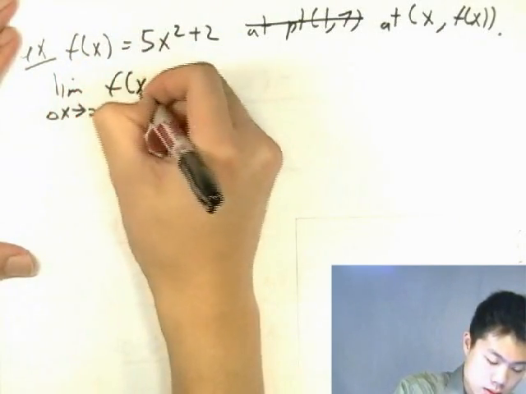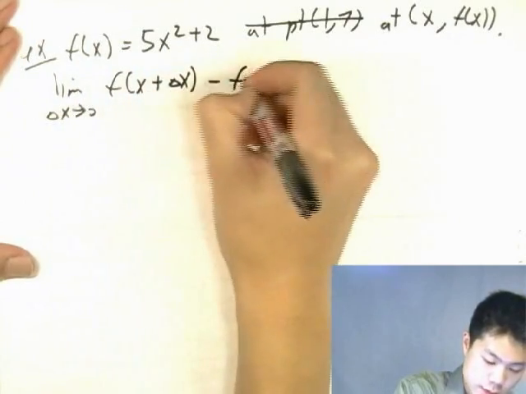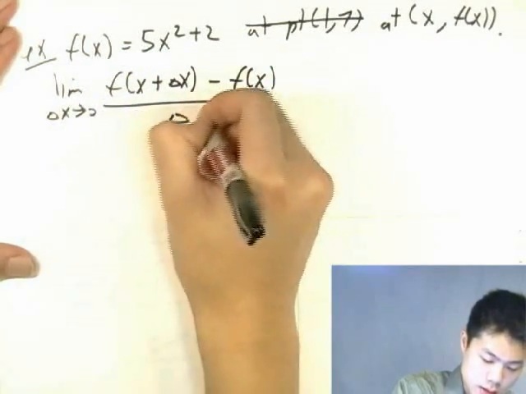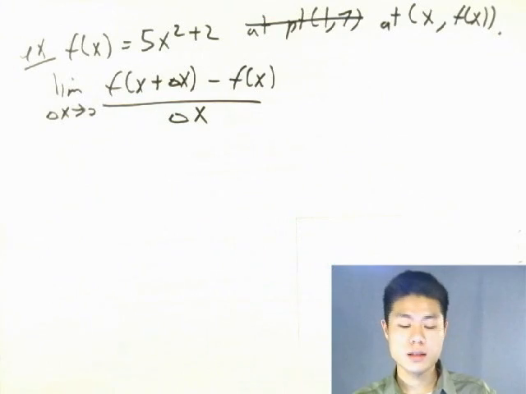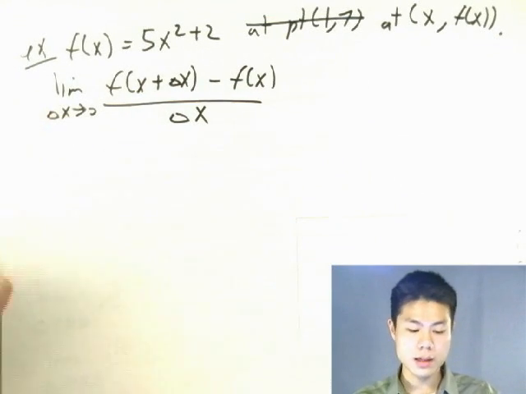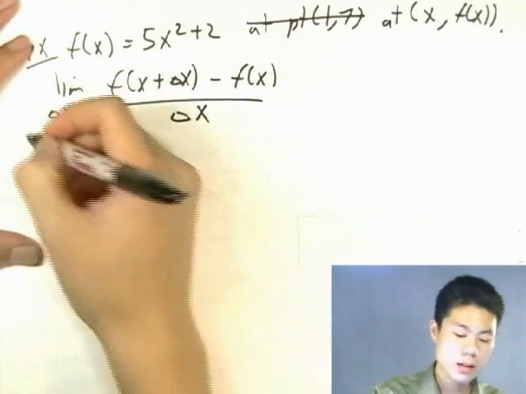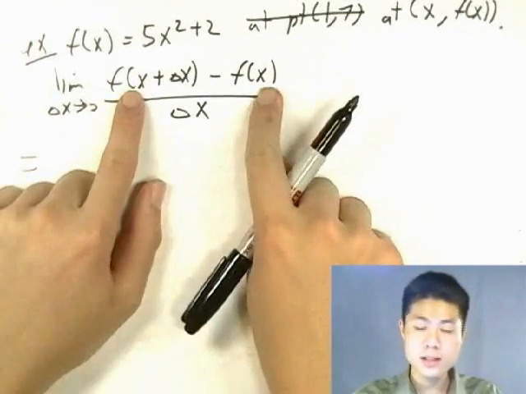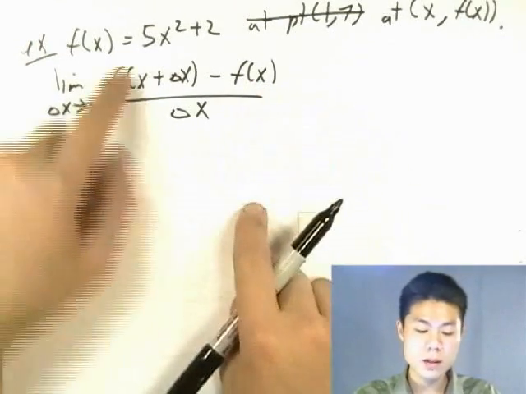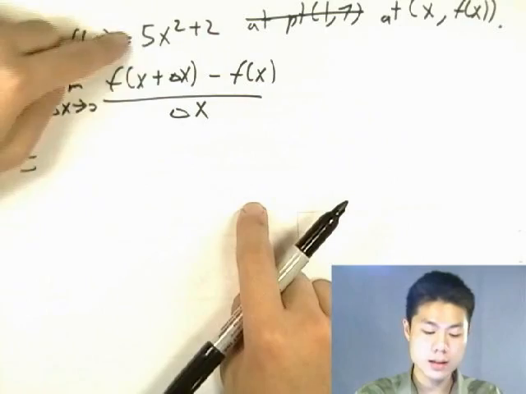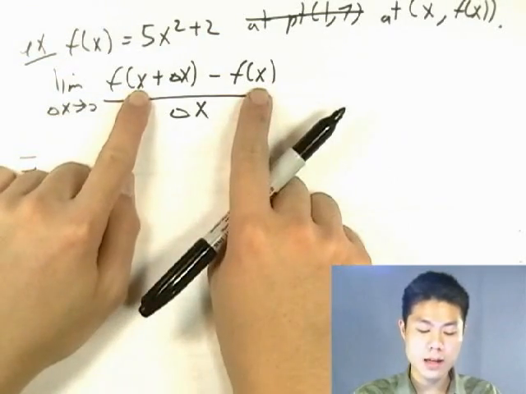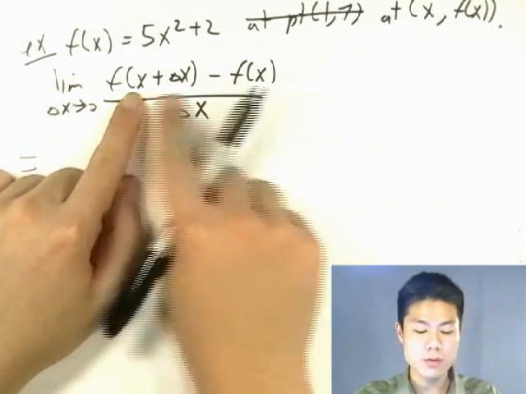First I write down the equation for the slope. Then I leave this there, but I'm not going to plug in anything for c. In this case, I wrote x.